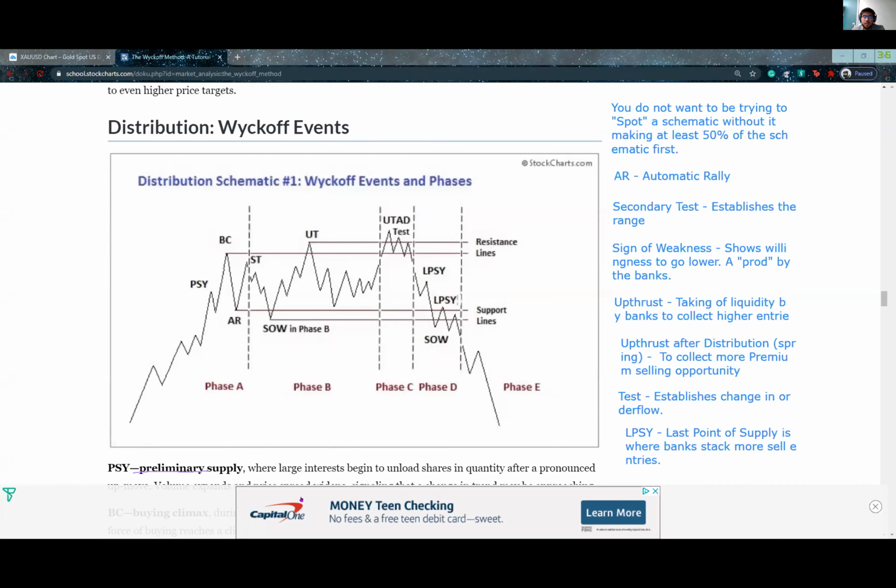Let me try to find you an example. Give me one moment. Try to find you a good example for this. So what you're really going to be looking for is an order block. You're going to be looking for NZD CAD.